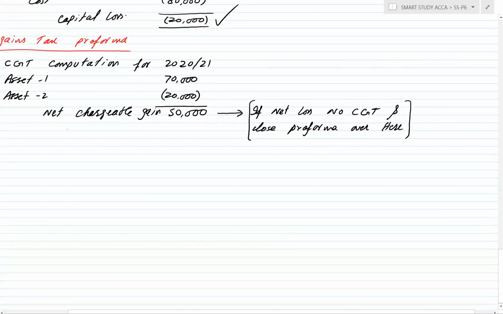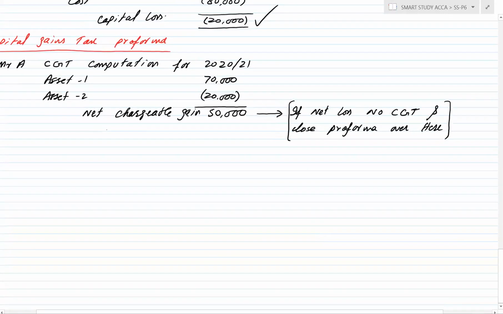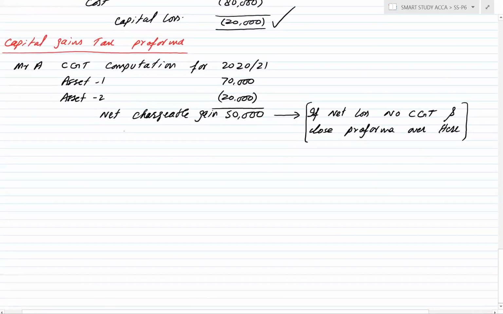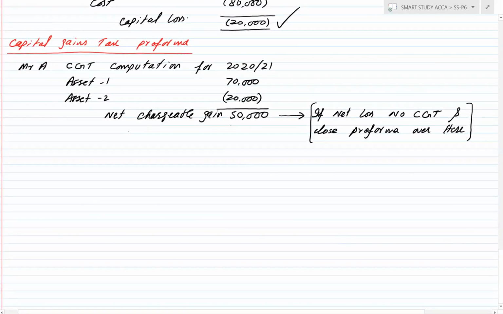So if we have a net loss, obviously we are only going to pay tax on capital gain. If we have a net loss over here, we are just going to close this pro forma and there will be no CGT. But right now we have a net gain of 50,000 pounds.